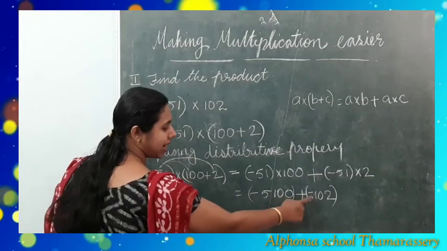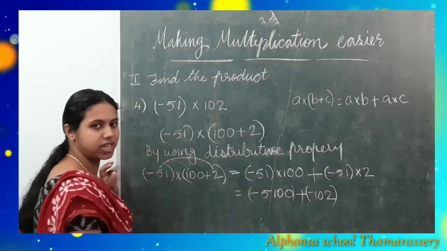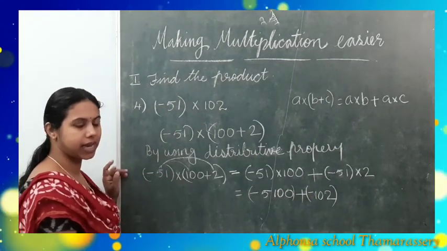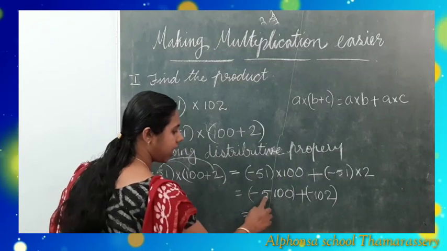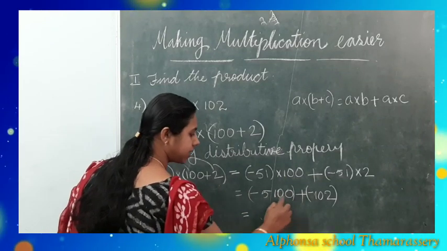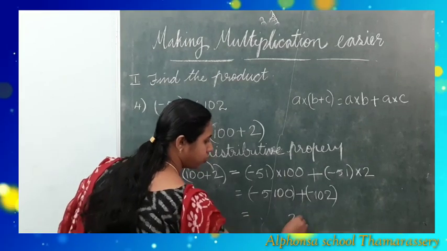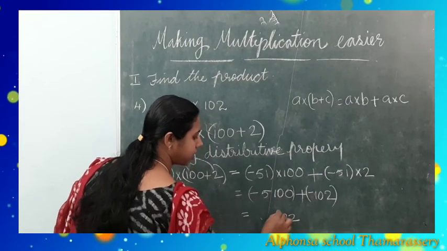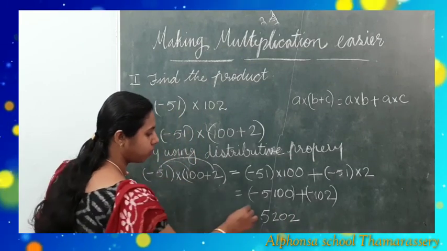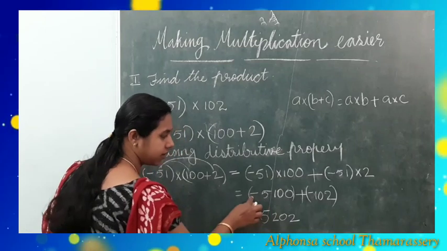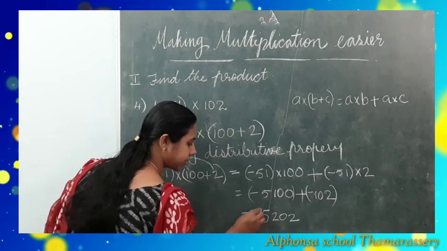Now, both are negative numbers. We want to add these two negative numbers. Just add the number and keep the sign as it is. So, it will be 5100 plus 102, which is 5202. Both are negative, so you just add the number and keep the sign as it is.